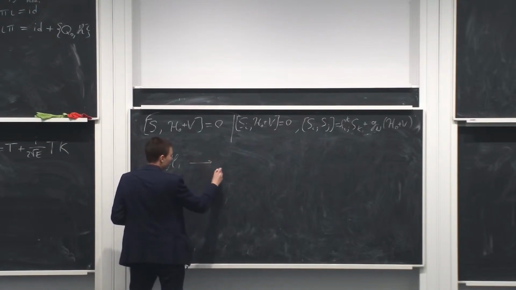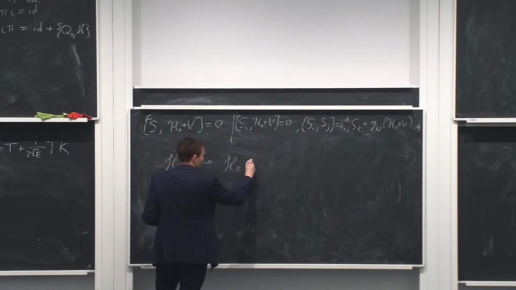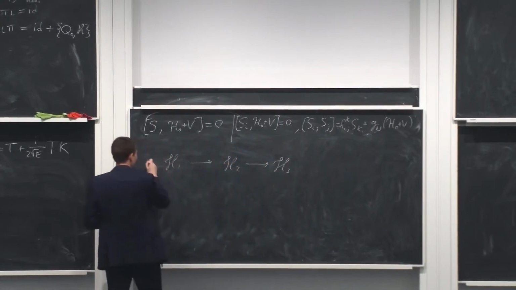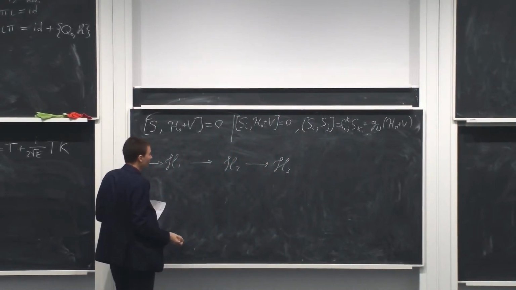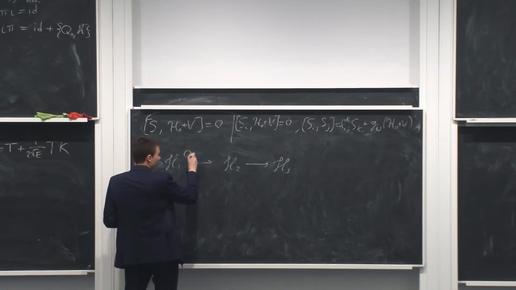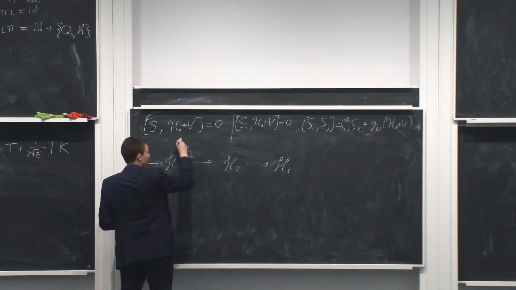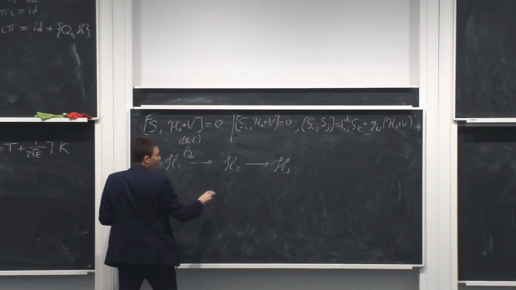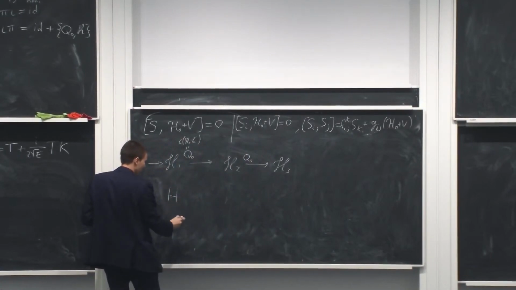We'll have some first space, then some second space, then maybe some third space, but we'll be only concerned with these two. And again, first we have this Q0, the same as last time, H0 minus E, and here as well. So the cohomologies are the same.